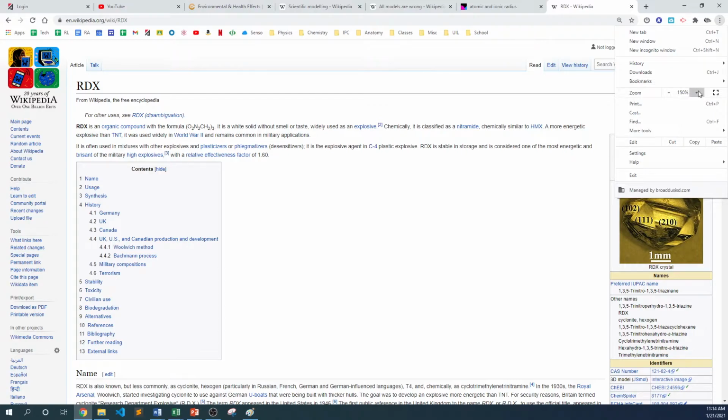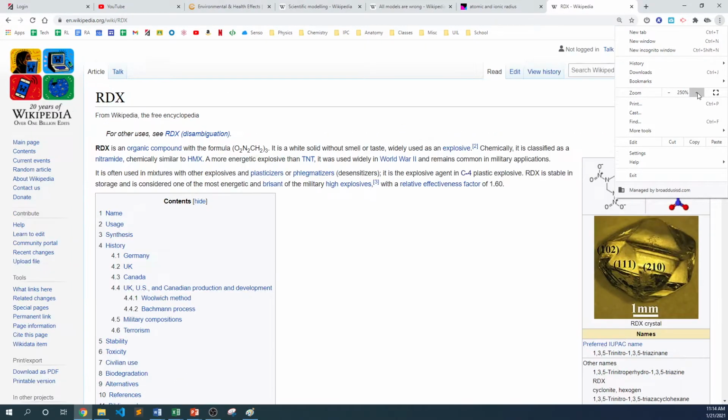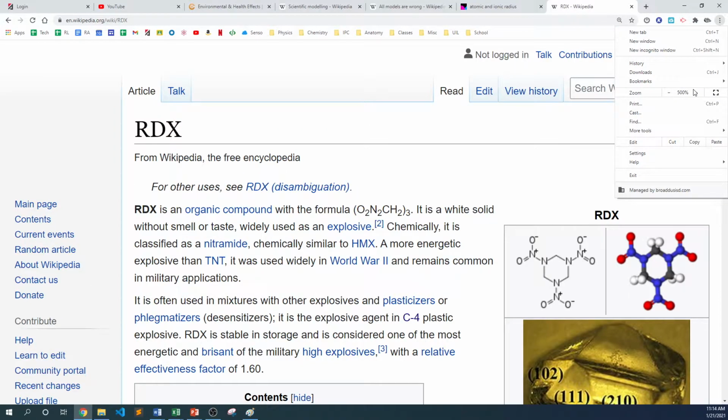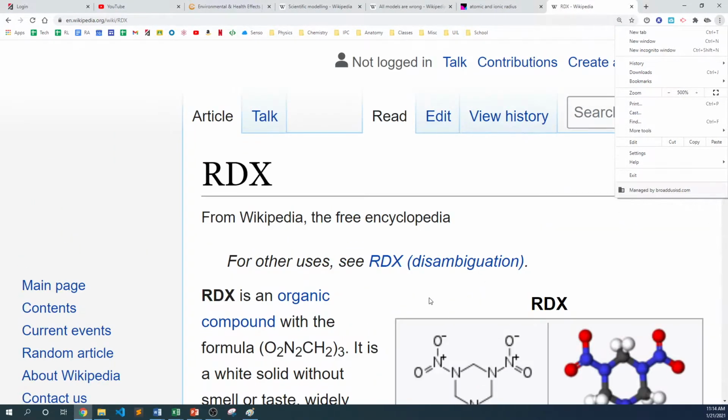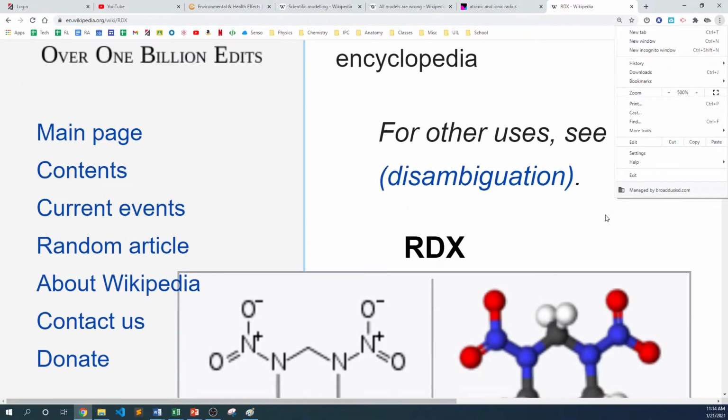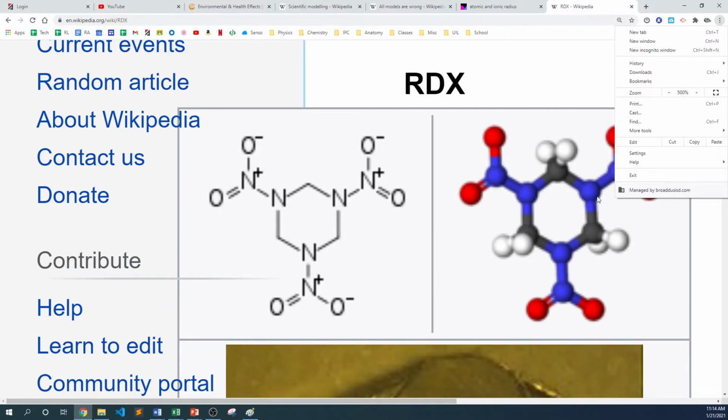So, here's C4. Let's see if I can zoom in. That'll work. So what do you notice about it? We'll learn later on that when these two lines meet up, that's a carbon atom with, what is that?